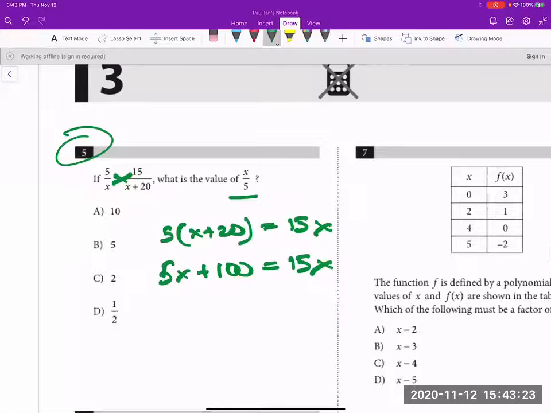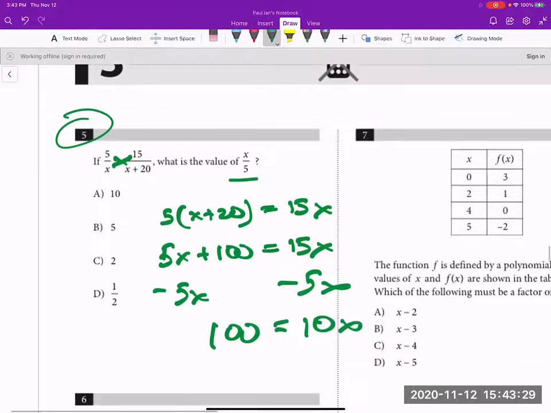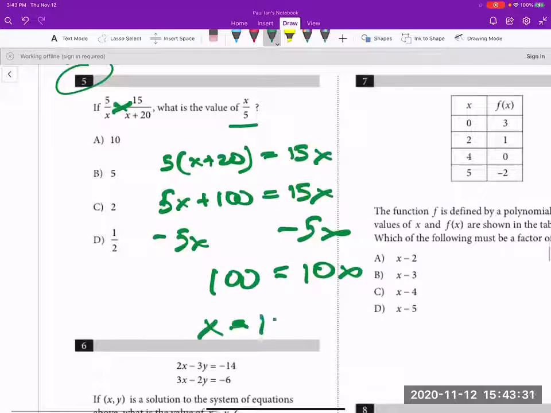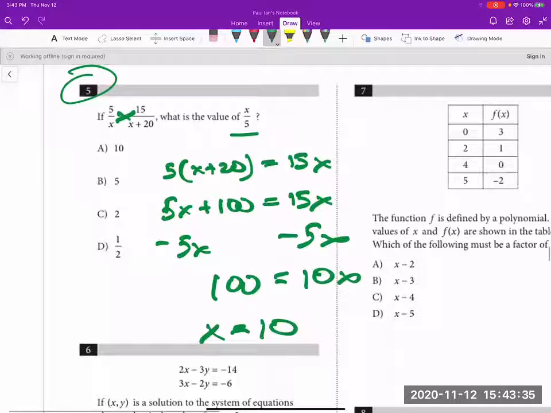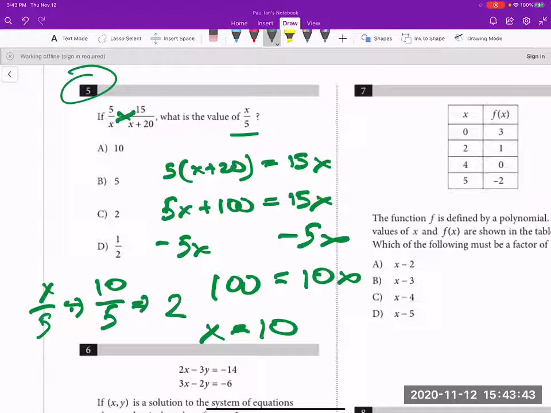And then you just solve for it: 100 equals 10x, and then x equals 10. And then once you have x, you just plug in, same as what you've done. So that's 10 over 5. So the answer is 2, yeah?